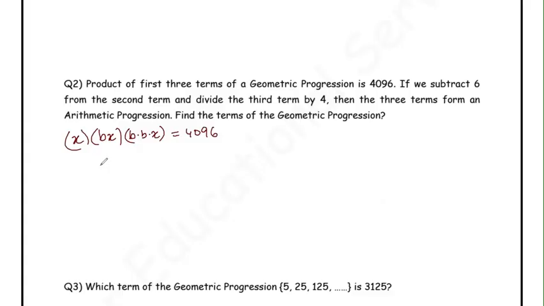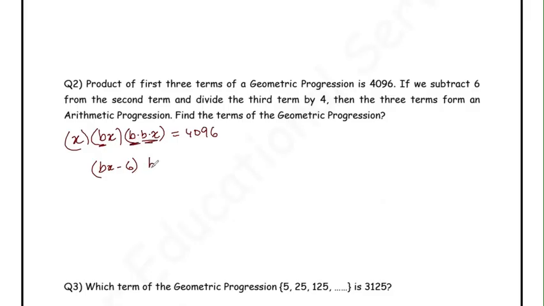And if I subtract 6 from the second term, remember x is my first term, x into b, where b is the ratio, the multiplier. And then the third term is bx into b again.